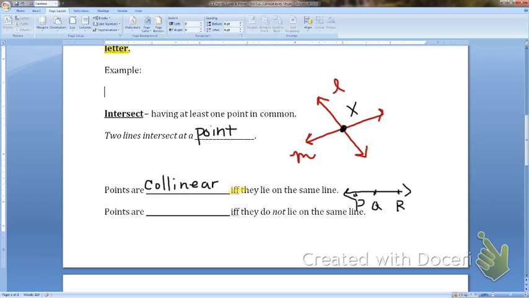I could say that P, Q, and R are collinear. In fact, let's write that right here, and I'm going to see if I can scrunch the space. P, Q, and R are collinear.